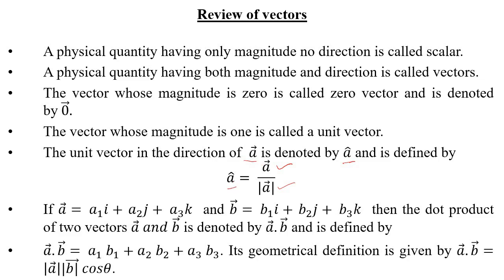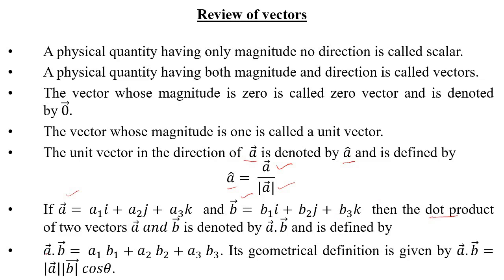Now we'll discuss two important basic operators of a vector, that is the dot product and the cross product. If you have two vectors, the first vector A is equal to a1 i + a2 j + a3 k, and the second vector B is equal to b1 i + b2 j + b3 k, then the dot product of the two vectors is denoted by a dot b.